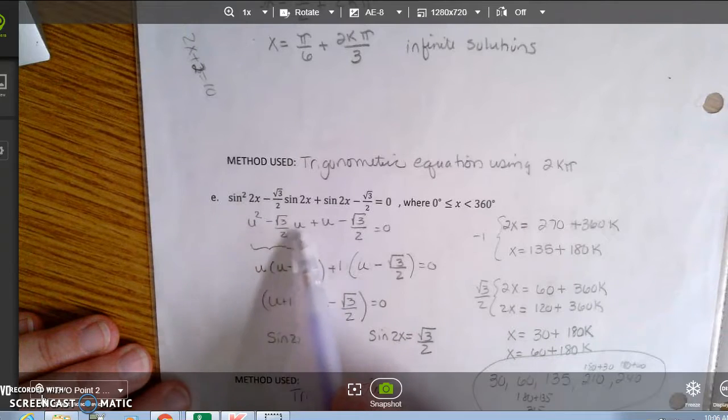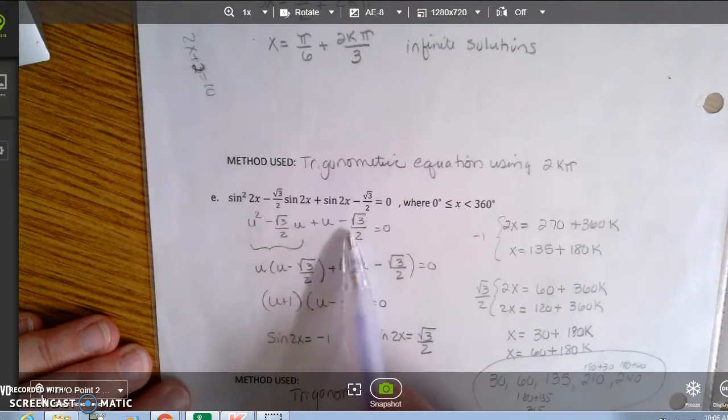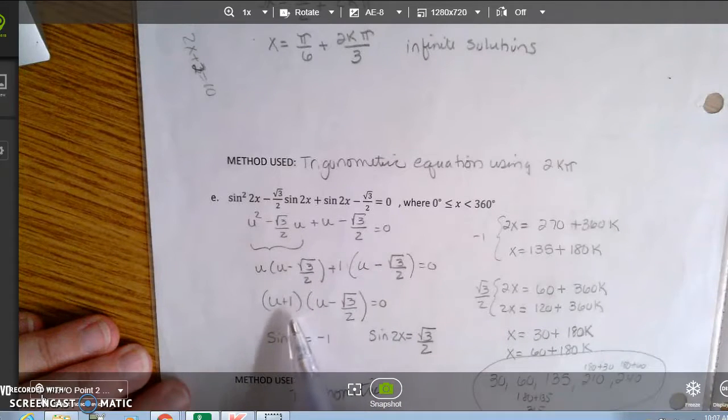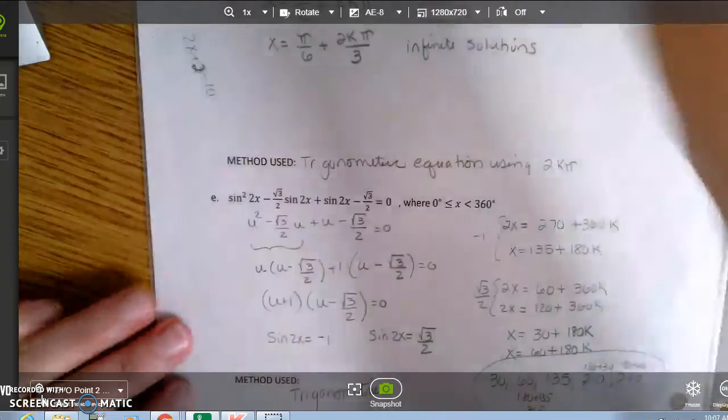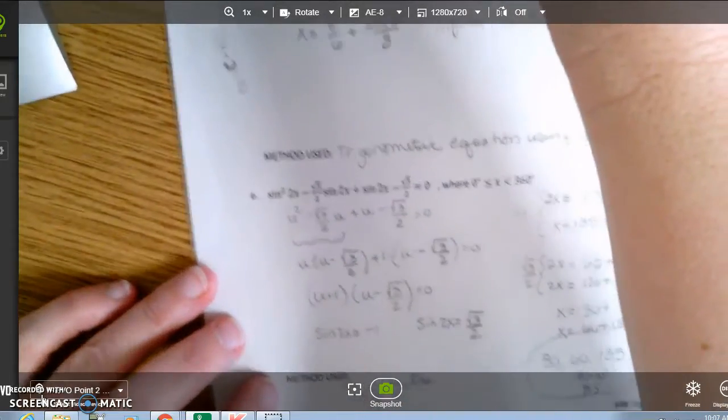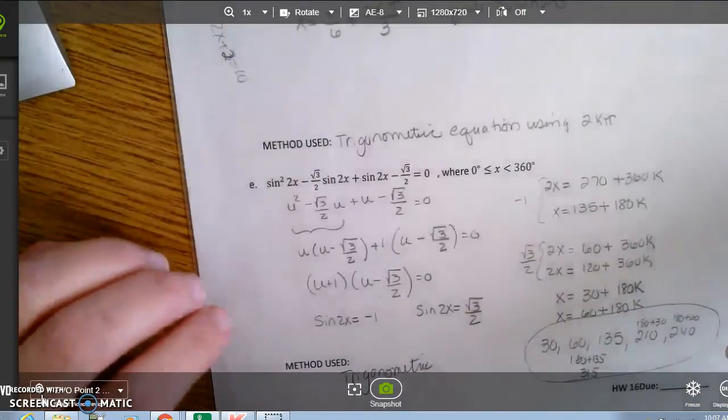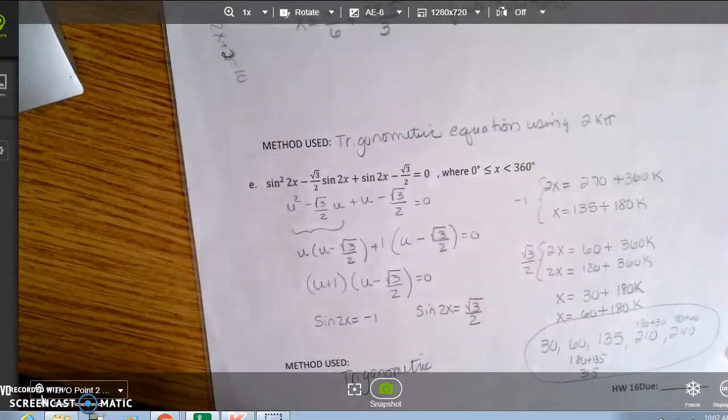So now I can group and factor. I grouped it and factored here. I grouped this and factored here. And now I factor those two using grouping. And I can set each of these equal to 0, so I end up with, I sort of left out a step.